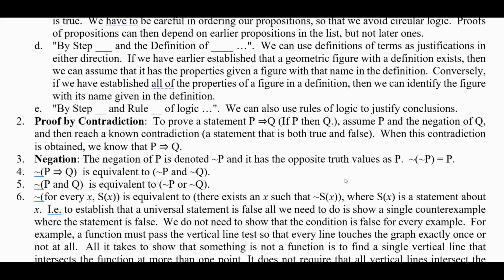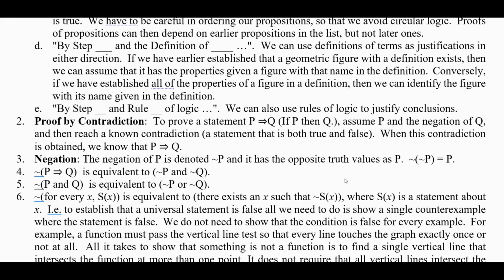If we have P implies Q and we want to negate that, that's equivalent to saying P and not Q. And the negation of P and Q is equivalent to not P or not Q. And if you have for every x, S of x, some statement is true about x, then the negation of that is equivalent to there exists an x, at least one x, such that the negation of S is true, where S of x is some statement about x.